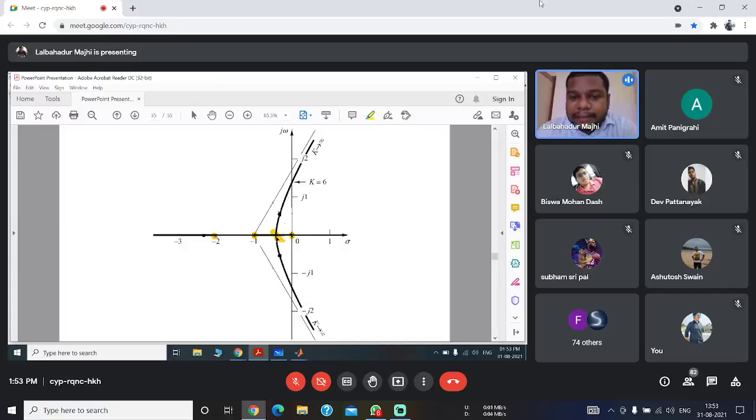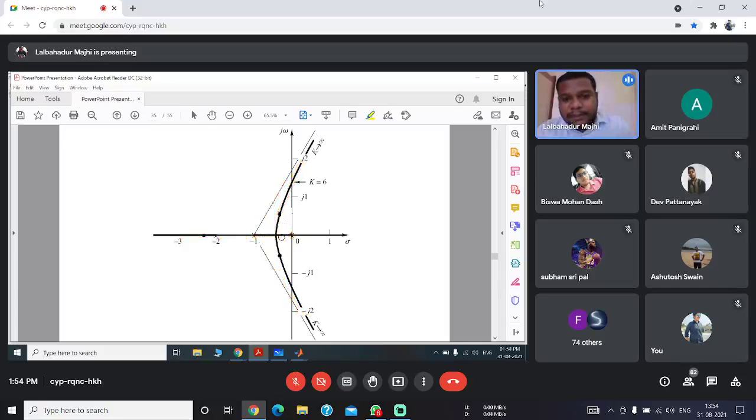We can see these two branches getting here, and these are the asymptotes. This root locus branch will follow these asymptotes; that is the main purpose of the asymptotes in the root locus. The root locus will follow the asymptote.